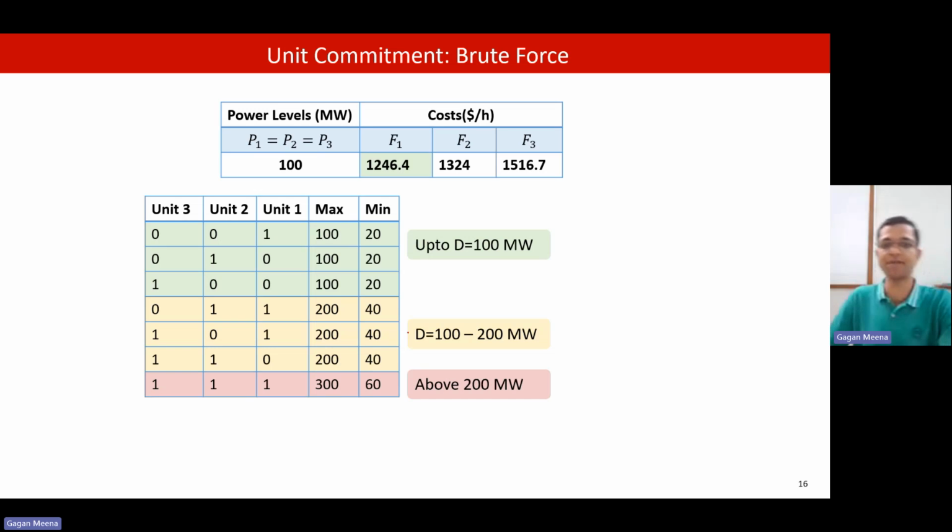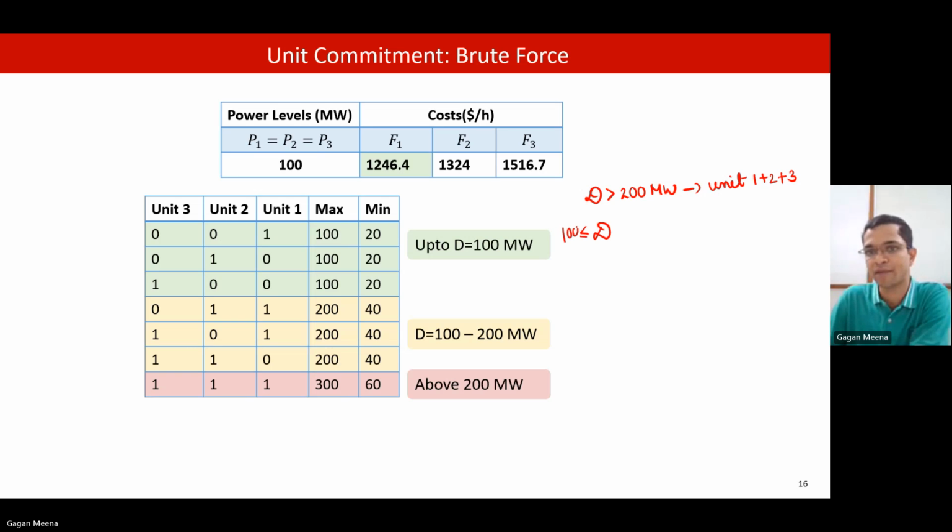So simply by seeing this, we can say that when demand is more than 200 megawatts, all the 3 generators are on, unit 1 plus 2 plus 3 together will supply. When the demand is in between 100 and 200, then I would drop 1 unit. I will use only unit 1 and 2.